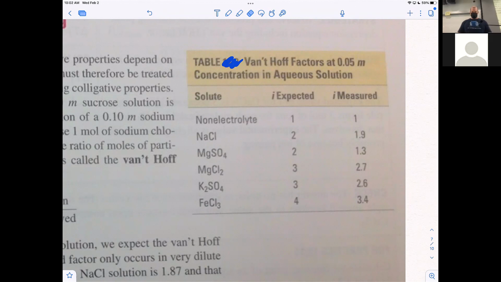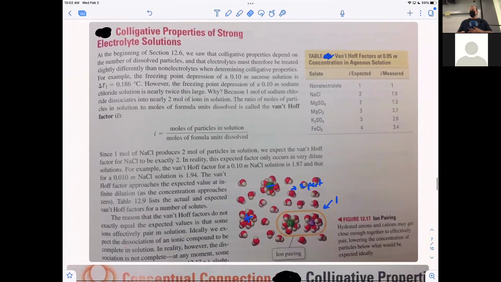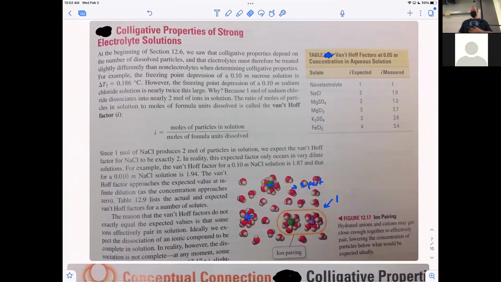It's like if you do the problems properly and then you get the wrong answer, so you multiply your answer by a certain factor, you get the answer in the back of the book. We'll call it the Ferguson factor or something like that. That's just the factor you add to get the right answer. That's what an activity coefficient is. So van 't Hoff is like this too, and you might see this in other classes. I wanted to mention it, but I'm not going to test you on it. Everything is ideal.